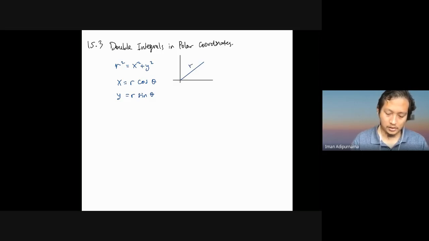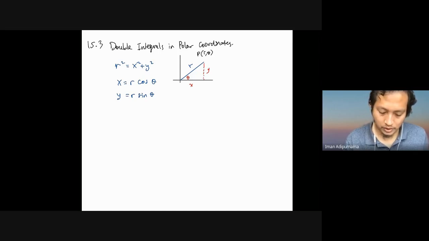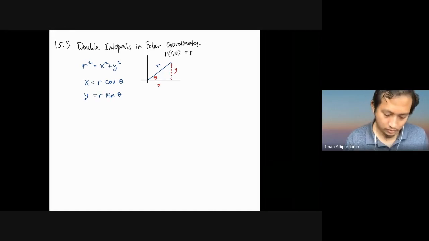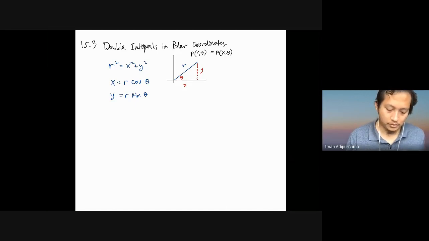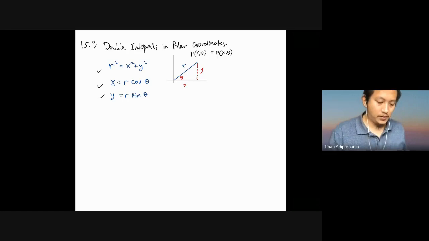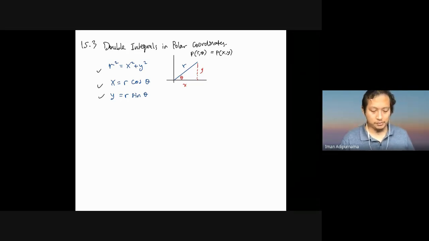This is r, this is theta. Okay, so this will be the polar. How to convert is through this. That's the essential part.